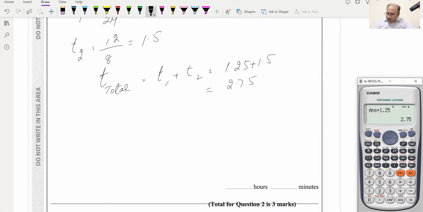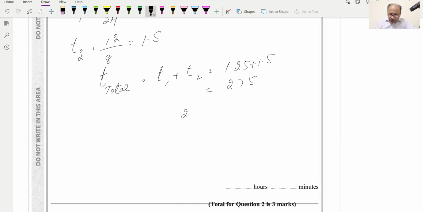Now 2.75, we need the answer in hours and minutes, and if we press this time button, it will give us 2 hours and 45 minutes. So 2 hours and 45 minutes will be our answer for this part.